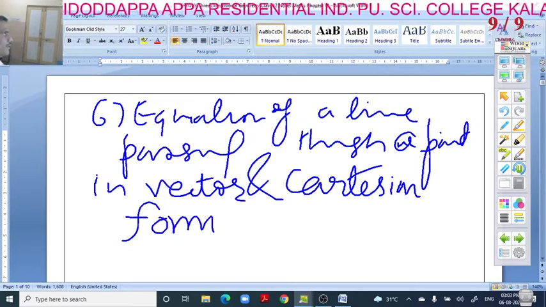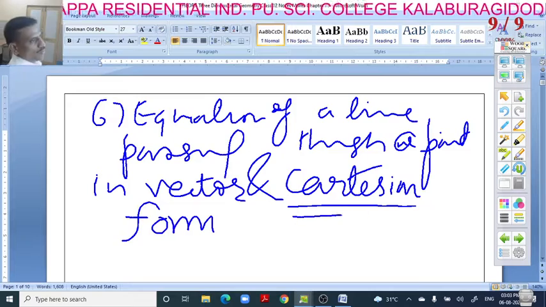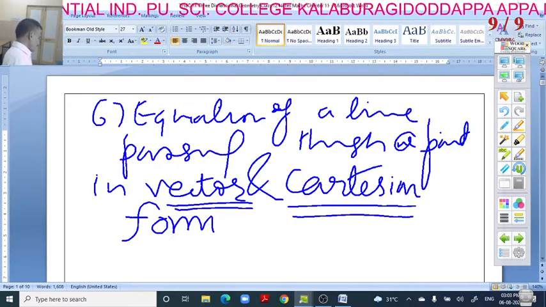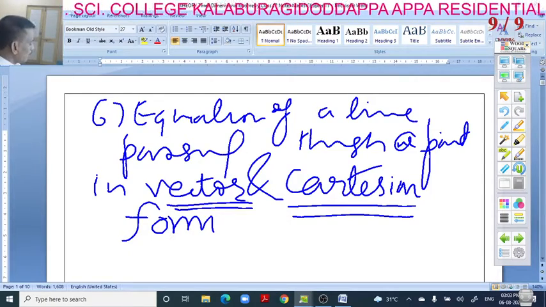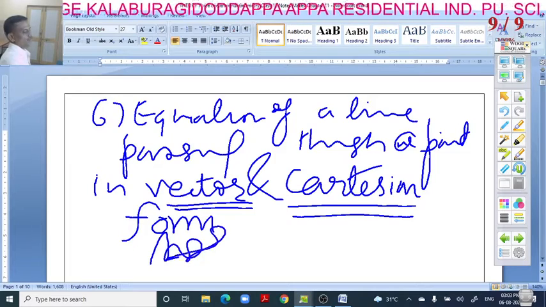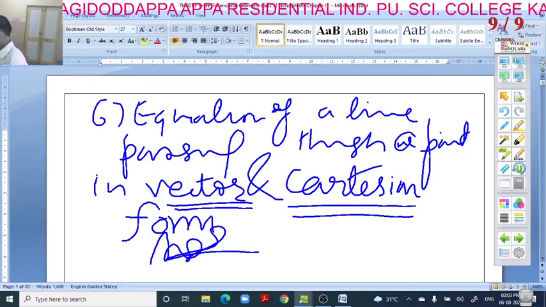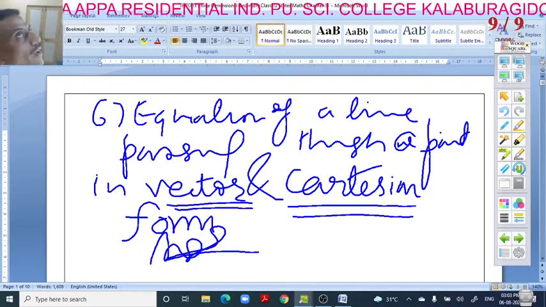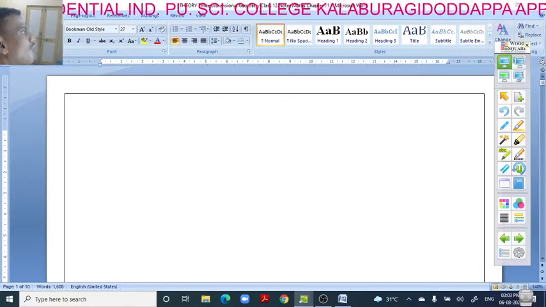In the next part, whatever derivation we do, we write both the vector as well as the Cartesian form of the equation of a straight line passing through 1 point or 2 points. And next, the angle between two lines. So many things are there. Those things are already there in the PDF form that we are going to observe just now.